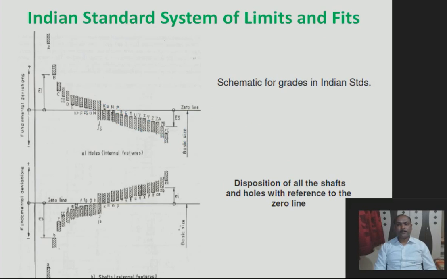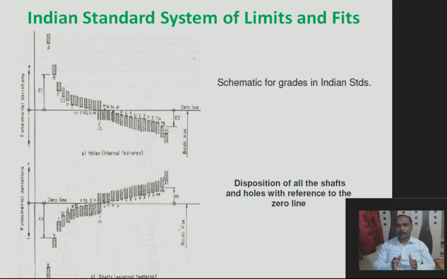According to the Indian Standard system of limits and fits, capital letters are used for holes and small letters for shafts. Capital letters A to G are above the zero line, H is on the zero line, and J to ZC are below the zero line. Small letters are used to designate a shaft: small a to small g are below the zero line, H is on the zero line, and J to ZC are above the zero line.